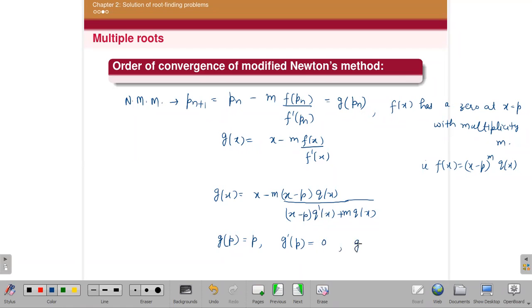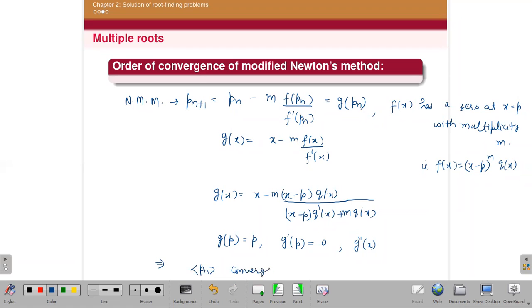And you can check its double derivative also, but it is difficult to find. So we are not bothering about the double derivative, because if g dash p is equal to 0, then it will give you at least quadratic convergence. It may give you higher order convergence, but at least quadratic, not linear convergence.